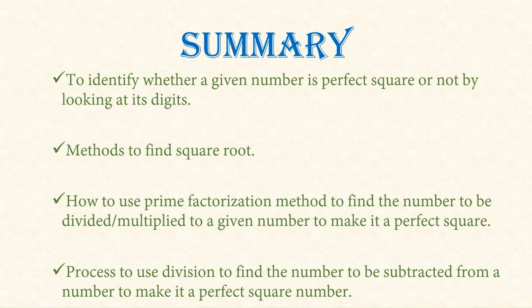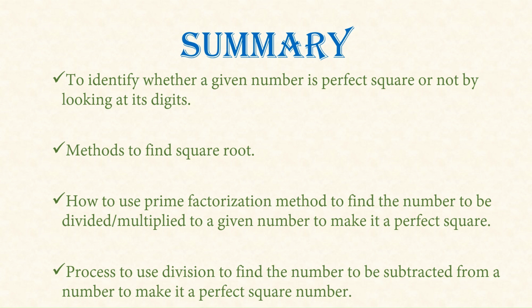In this video, we have seen how to identify a given number to be a non-perfect square depending upon the value in its units place or depending upon the number of zeros at the end of the number. And then the different methods to find square roots like prime factorization, repeated subtraction and division method.